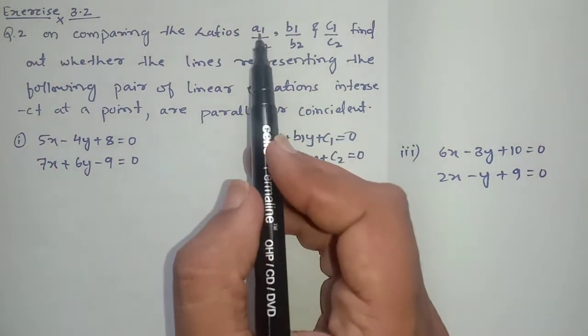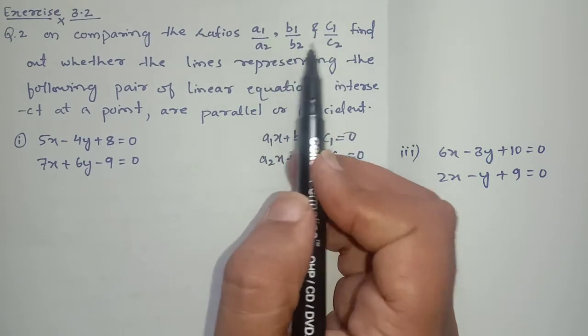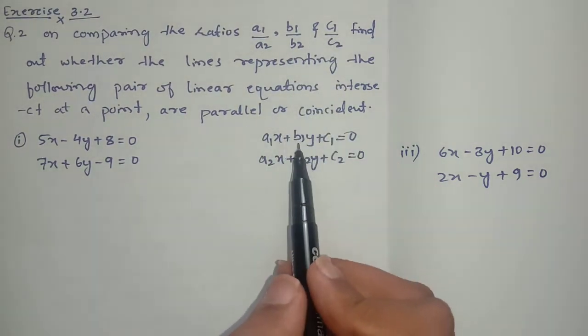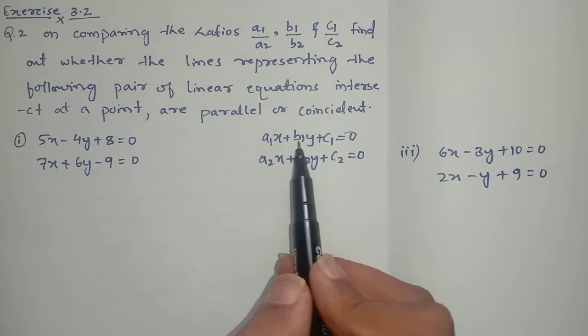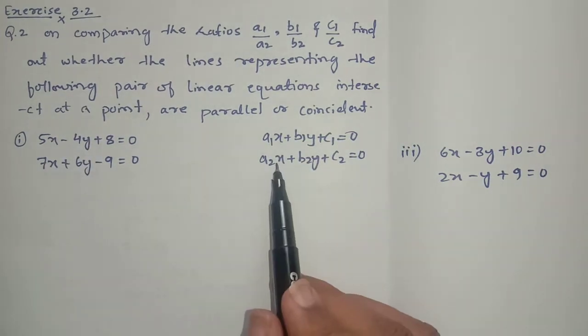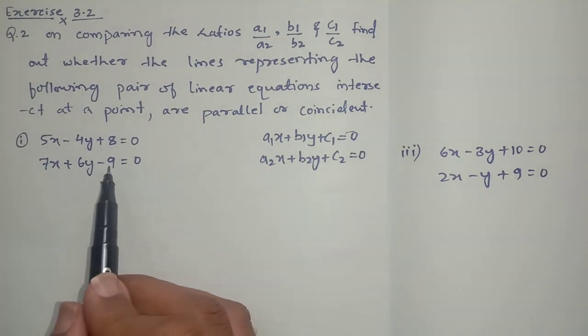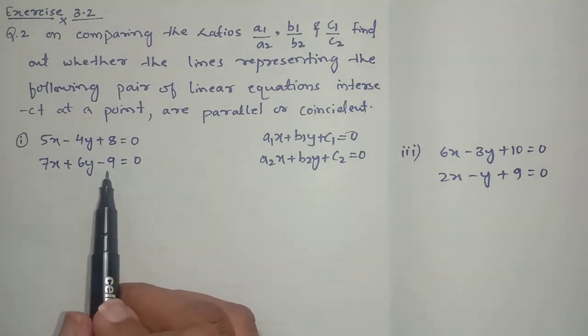To get the values of a1, b1, c1, a2, b2, c2, we have to compare the first equation with the first one and the second equation with the second equation in the given question.